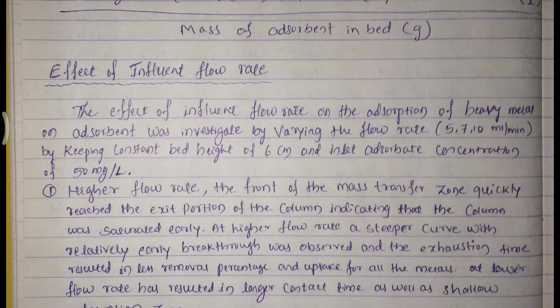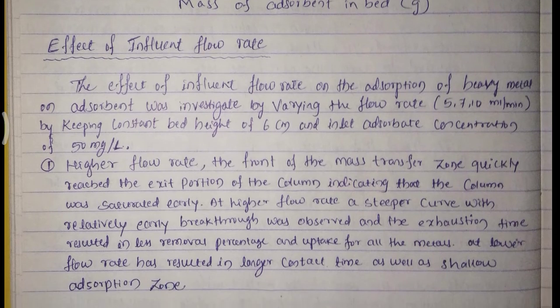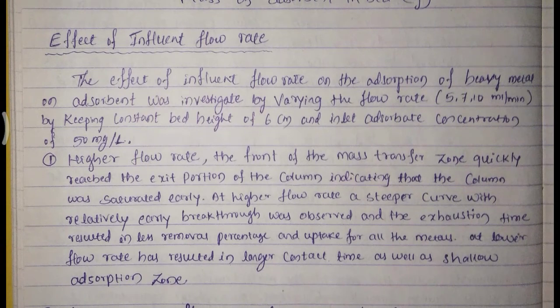At higher flow rate, the front of the mass transfer zone quickly reached the exit portion of the column, indicating that the column was saturated early. At higher flow rate, a steeper curve with relatively early breakthrough was observed, and the exhaustion time resulted in less removal percentage and uptake for all the metals.